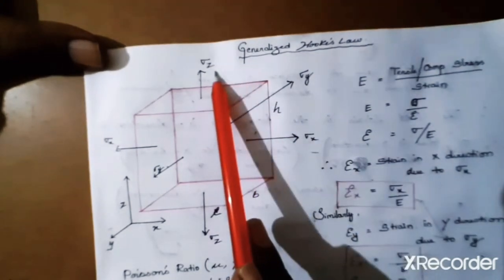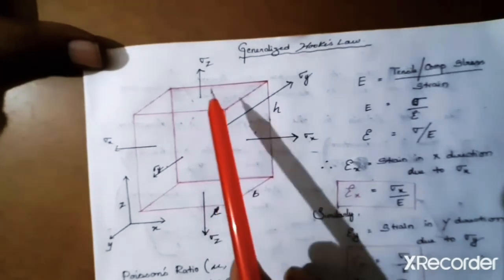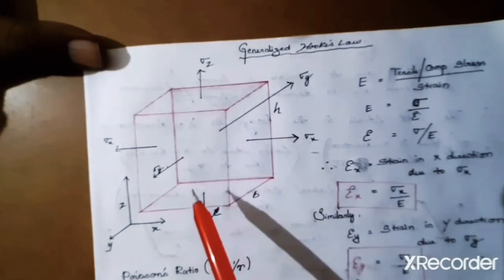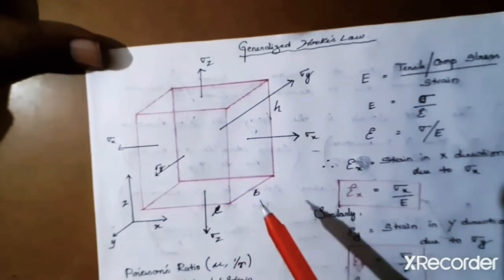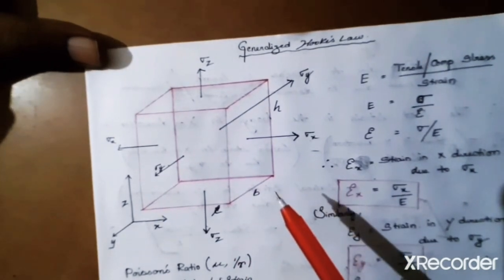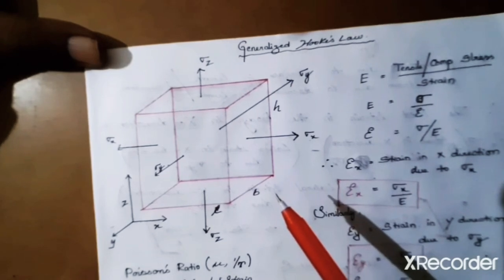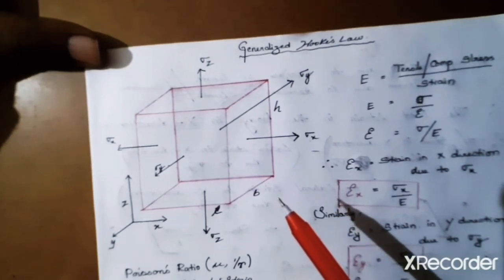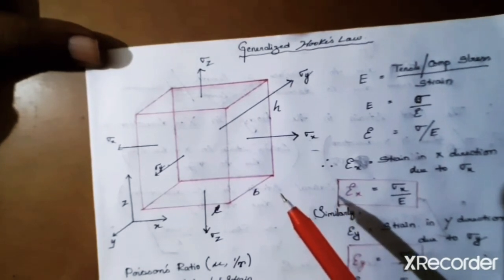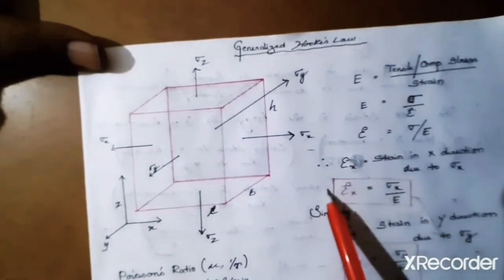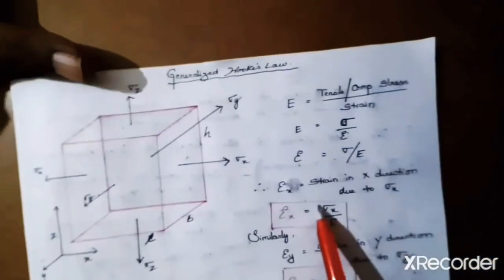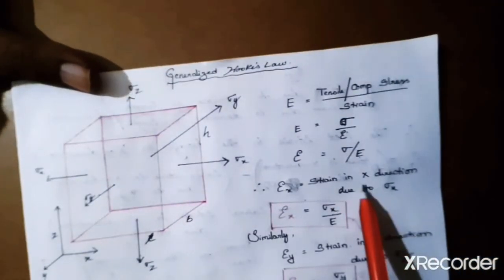And because of sigma z, there is a longitudinal strain in z direction and lateral strains in x and y directions. Therefore, in the direction of x, there is going to be a longitudinal strain and two lateral strains, isn't it? See, this is the longitudinal strain because of sigma x in x direction.